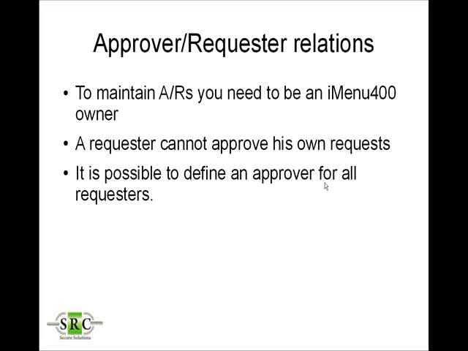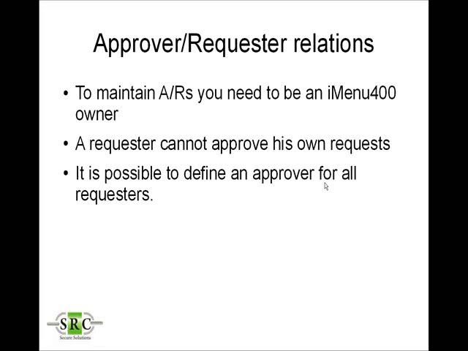In order to use the change control system, you need to set up a number of approver and requester relations. These are pairs of people who will work together to create and authorize changes within the iMenu400 environment. In order to maintain these relations, you need to be an iMenu400 owner.